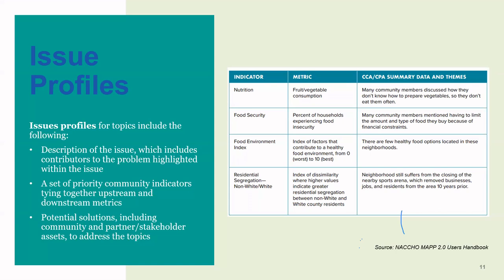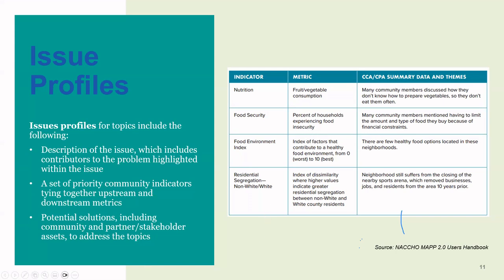Obviously, I've seen people present this a few different ways, but if you look at something like food security, the metric is percent of households experiencing food insecurity, which is what you could potentially use to track your implementation progress. And then here's the summary of the data or the themes. So this is your justification for identifying food security and the metric that you would use to track it.